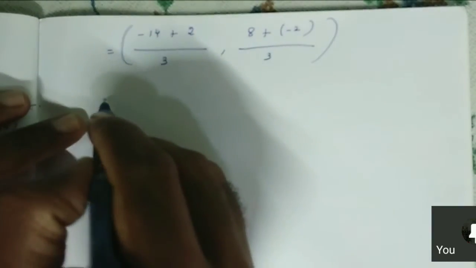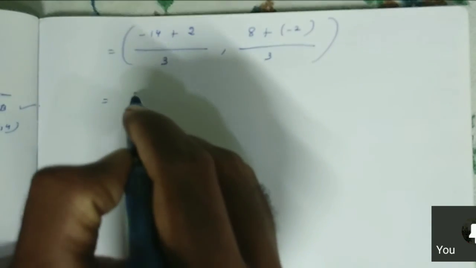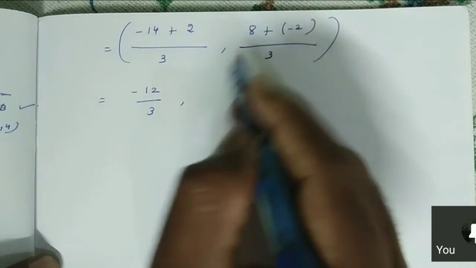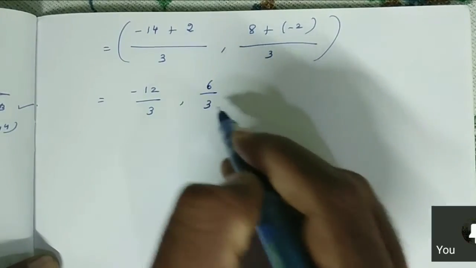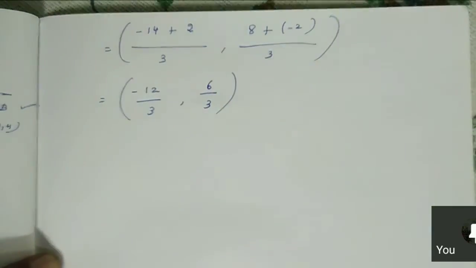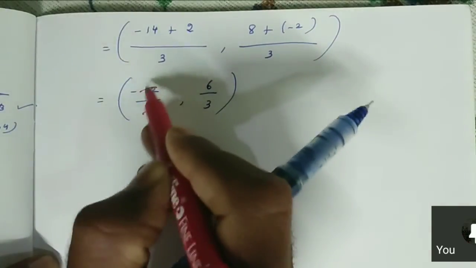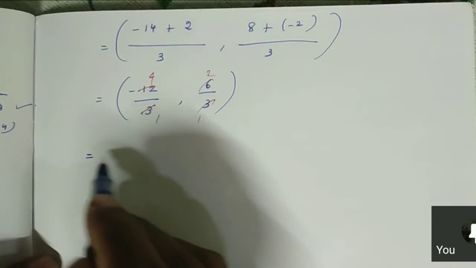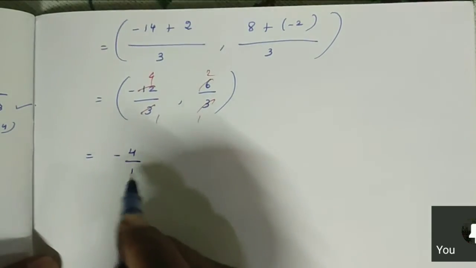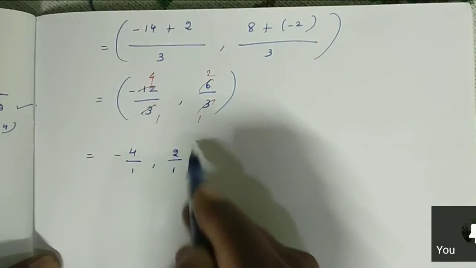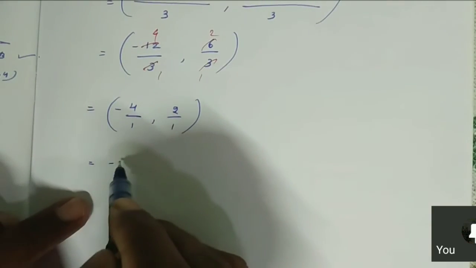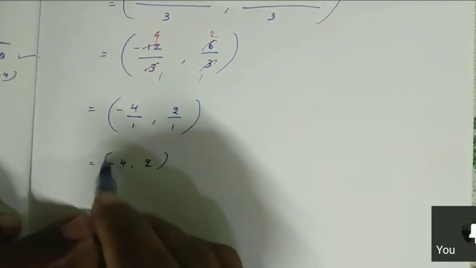Next step: -12 divided by 3, comma, here also a different sign, so 6 by 3. We can cancel it: 1 threes are 3, 4 threes are 12, 2 threes are 6. So the answer is -4 by 1, comma, 2 by 1, which is -4 comma 2.